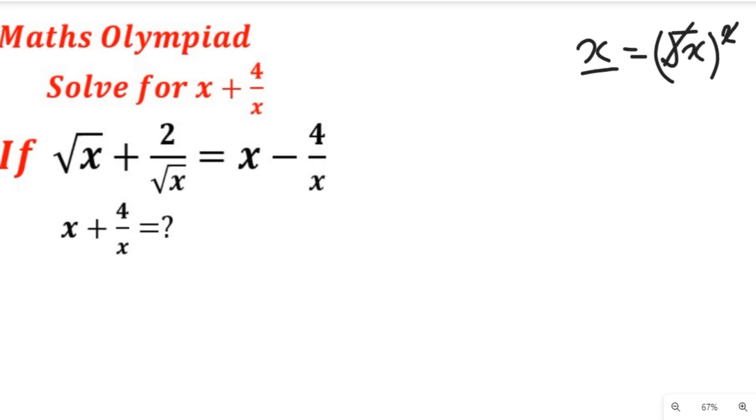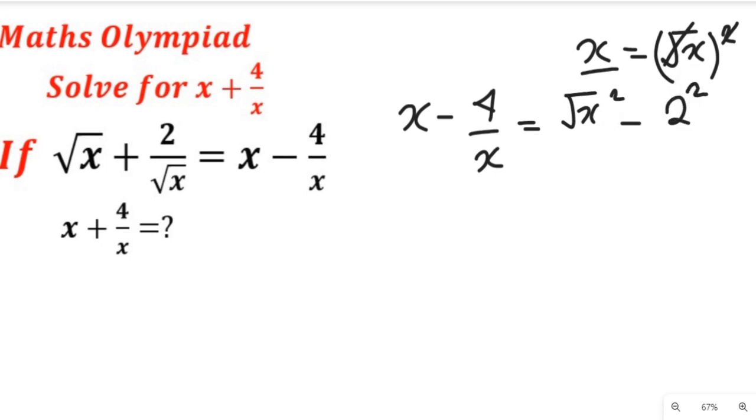Now, if I take the right hand side of that expression, x minus 4 divided by x, this can be equal to square root of x squared minus 2 squared divided by square root of x squared.